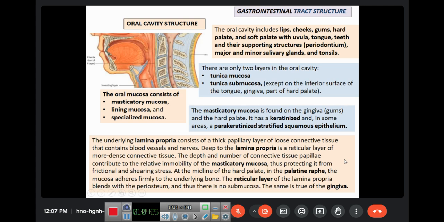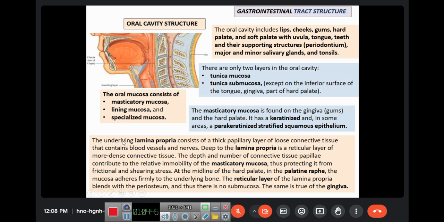Underlying lamina propria mucosae, it is the loose connective tissue below the epithelium. It consists of papillary layer of connective tissue and the lower reticular layer of more dense connective tissue.